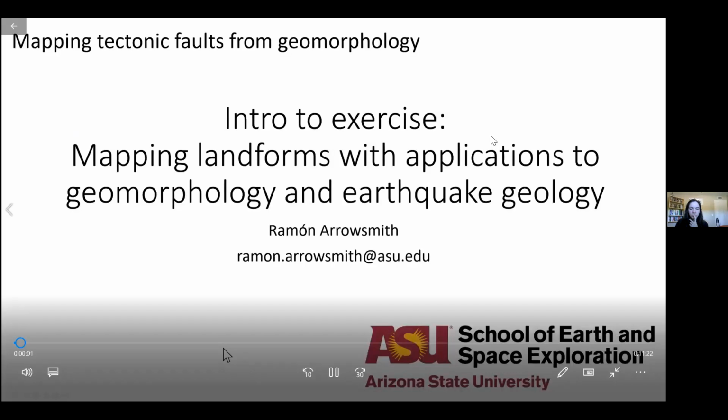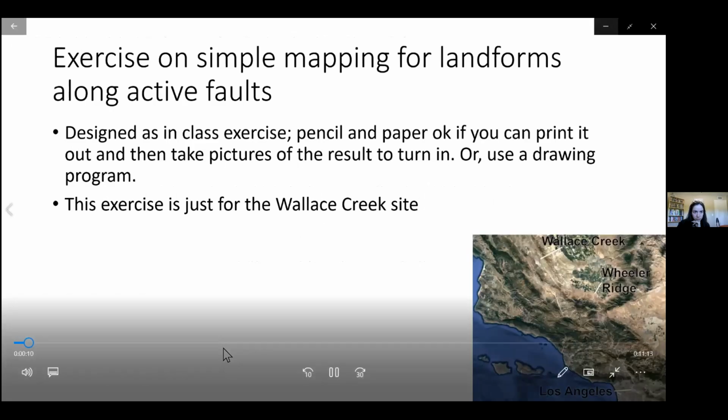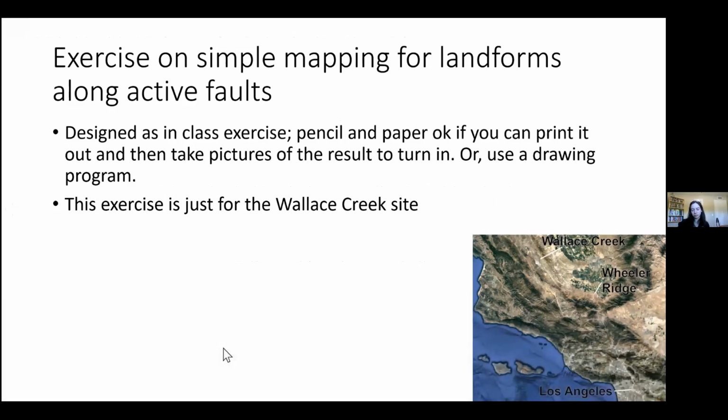In this first exercise for our class, we want to talk about mapping landforms in a very basic sense with applications to geomorphology and earthquake geology. This one focuses on simple mapping, and hopefully also will teach you an interpretive sequence where we start with the observations and then go to the interpretations and always come back to that.